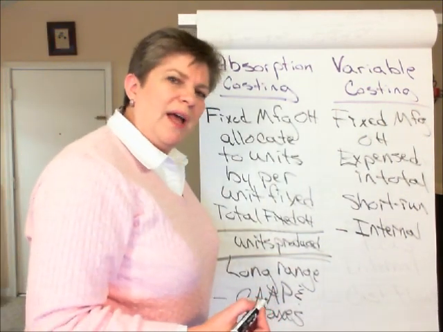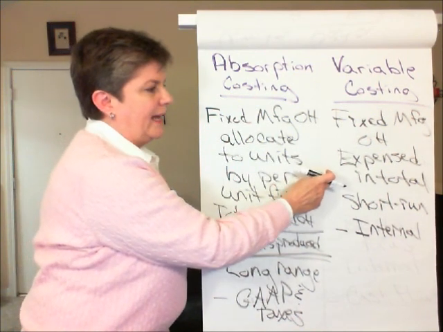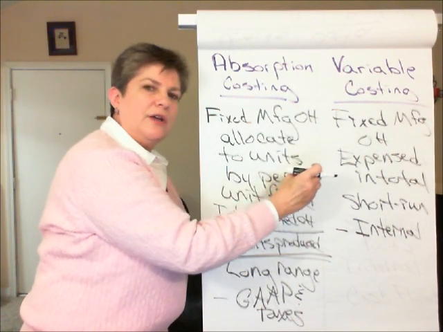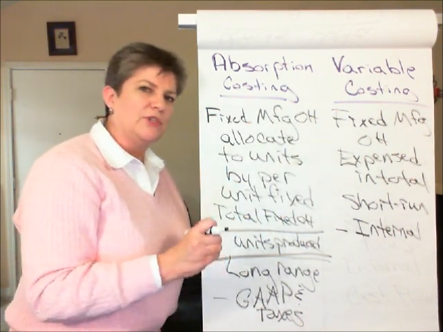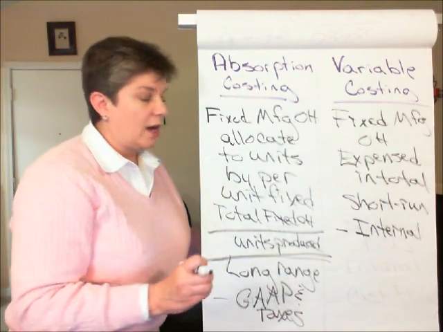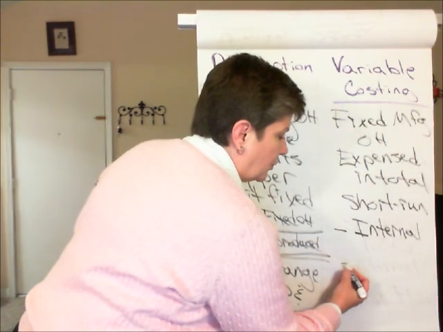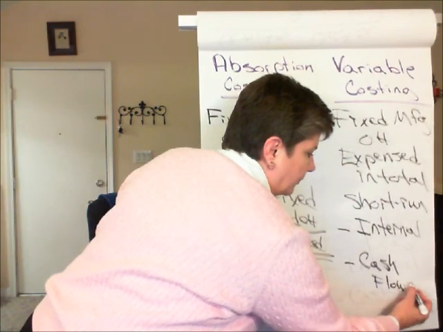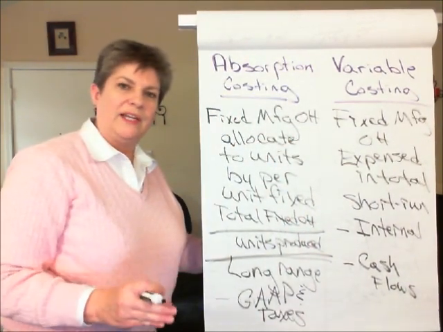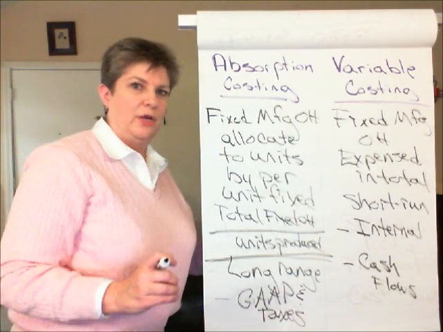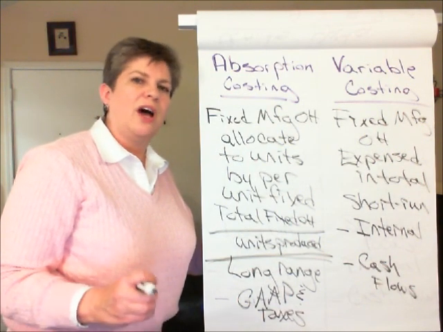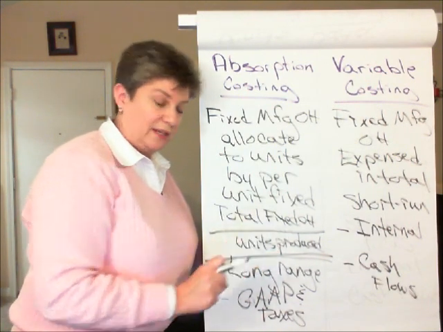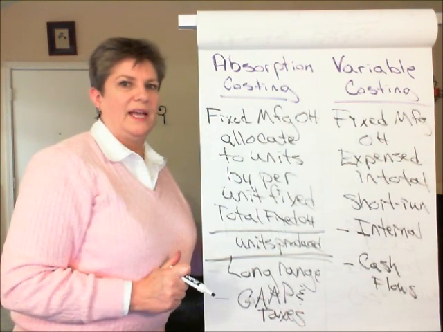And also, because it treats fixed overhead according to the way the cost behaves, that the cost is incurred in a total amount rather than so much per unit, the variable costing approach yields a closer amount to cash flows when we're calculating the variable costing net income. Now, it's not going to be exactly cash flows because of things like depreciation that are non-cash expenses, but it's going to be closer to our cash flow figure on the income statement than absorption costing net income is.